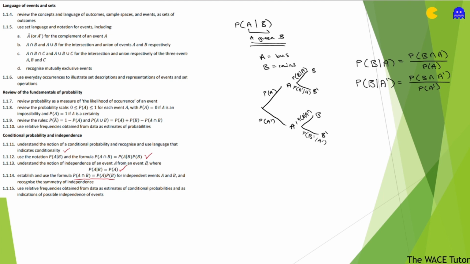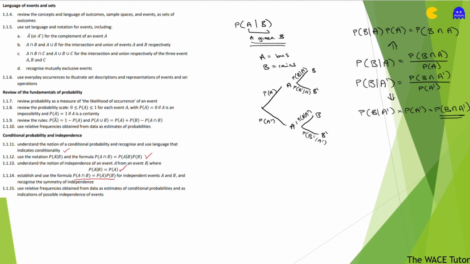We can rearrange these equations in this way. This one can become probability of B given A times the probability of A being equal to the probability of B intersection A, and this becomes the probability of B given not A times the probability of not A being equal to probability of B intersection A dash.